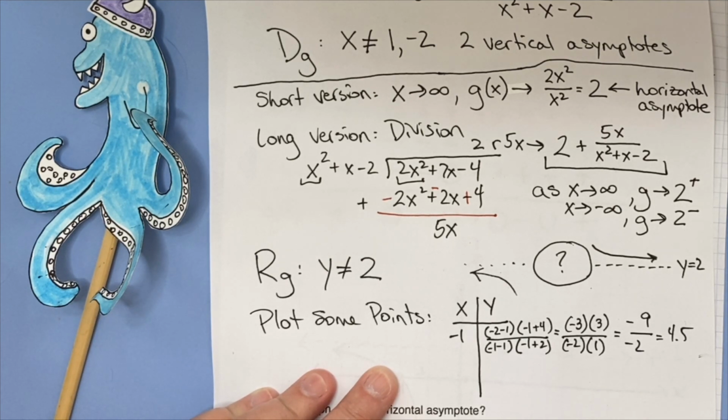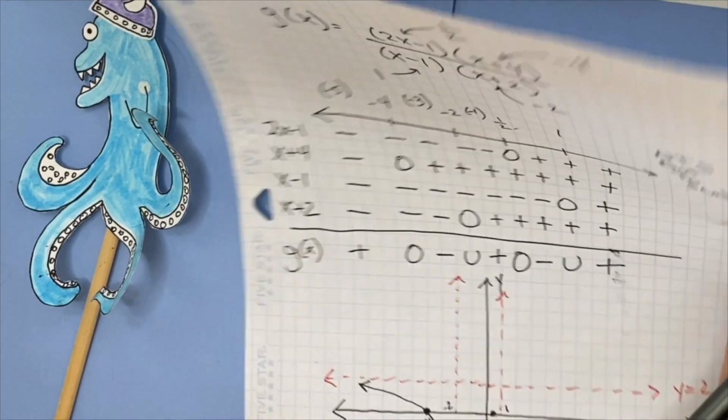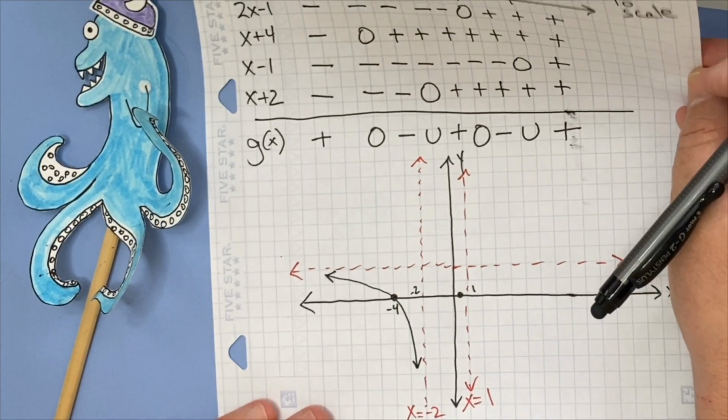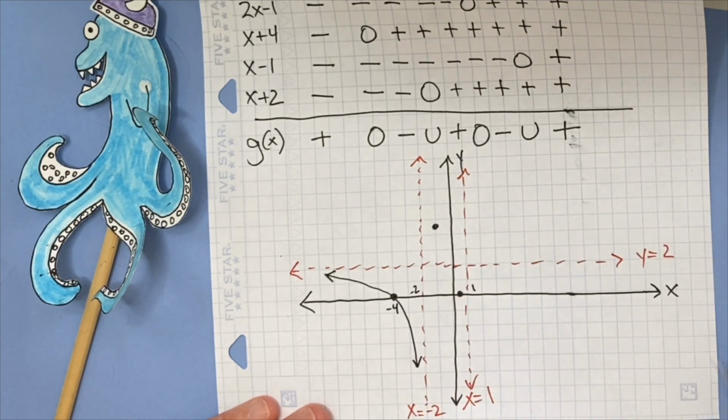Interesting. So if I come over here to my graph, when x is -1, y is going to be 4.5. And suddenly, this is giving me an interesting result.